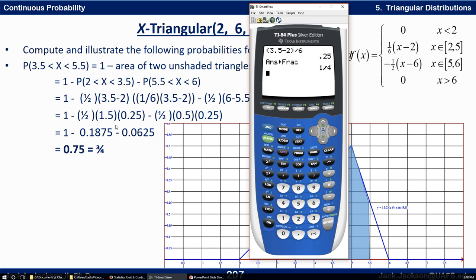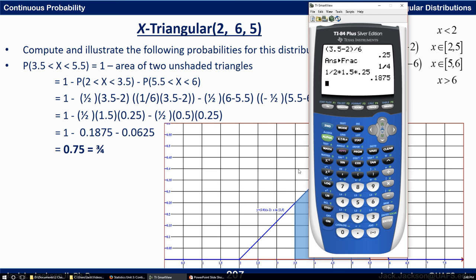That's 1/4. So we have 1/2 times 1.5 times 0.25, and that gives us 0.1875. Now what is that? That's the area of this unshaded triangle right here.